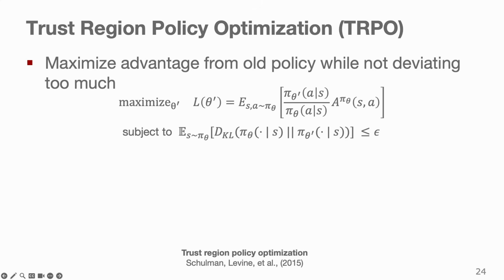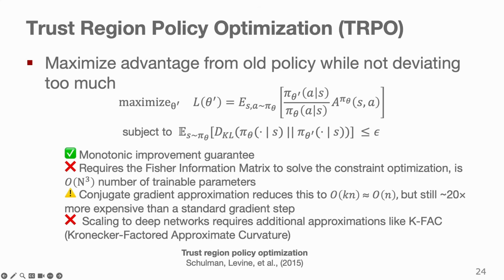I will not go too much into the details. We could talk a lot about this, but the key benefit of TRPO is that it provides a theoretical guarantee that each update will improve, or not worsen, the true performance J of pi. But the downside is that this KL constraint requires computing a Fisher information matrix, which is a matrix of second derivatives of the KL divergence with respect to the policy parameters.